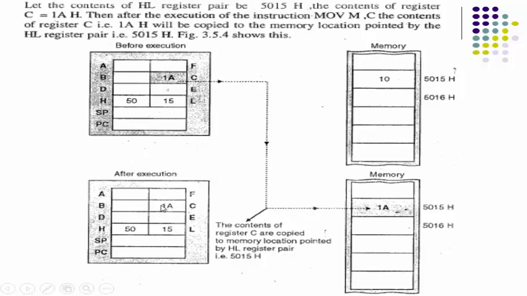After execution, the C register content is maintained as it is, 1A hex, and in memory at location 5015 you get 1A hex. So indirectly, the memory location pointed to gets copied with the 8-bit data 1A hex from the C register.